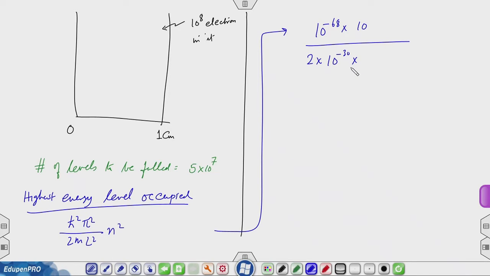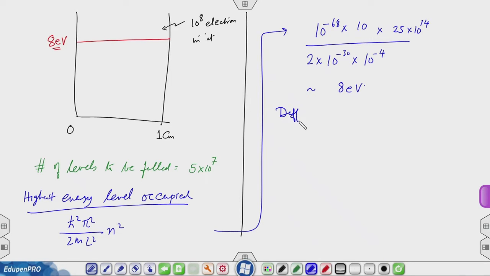L is 1 centimeter, 10 raised to minus 2 meters. So, 10 raised to minus 4 meter squared, times n squared, 25 times 10 raised to 14. You do this calculation, this comes out to be roughly 8 electron volts. So, it is filled up to, let me go back to this picture, about 8 to 10 eV.